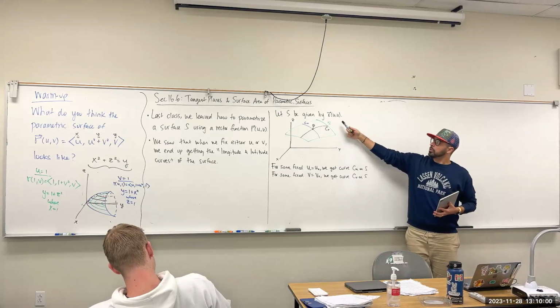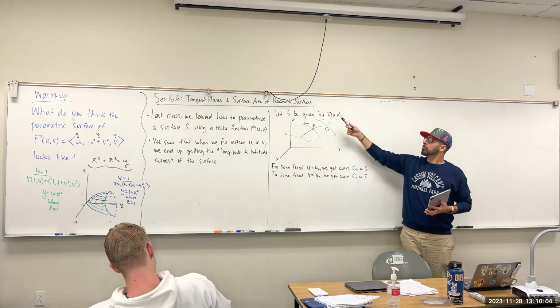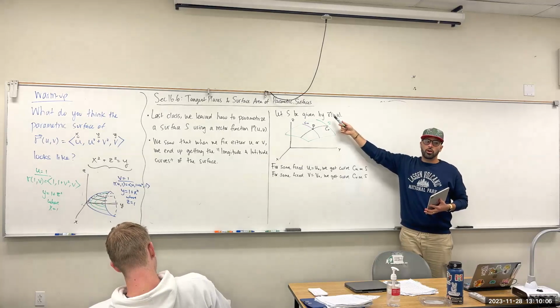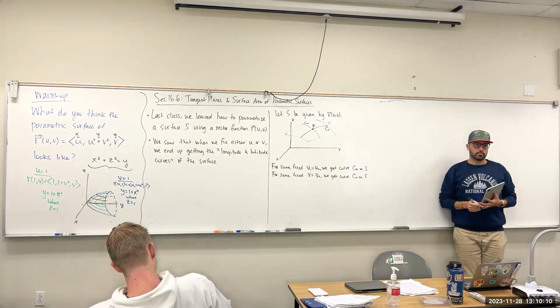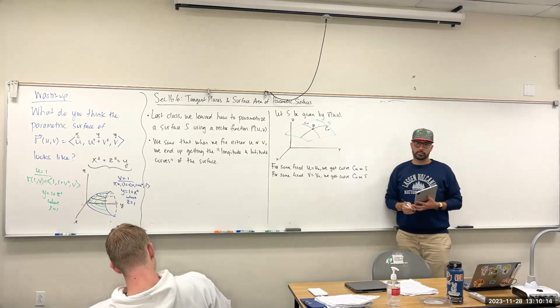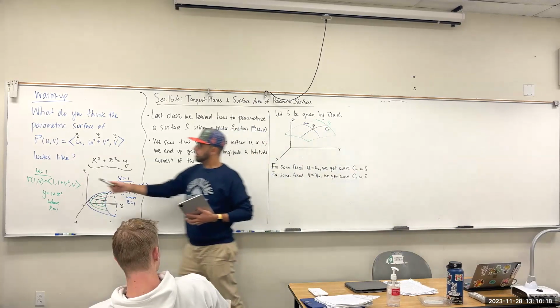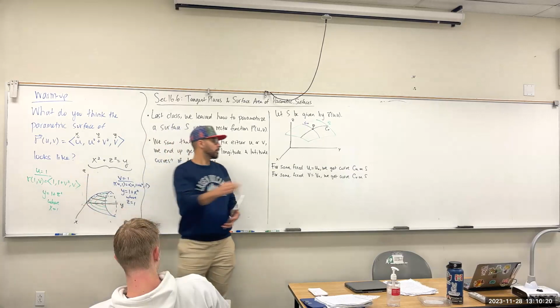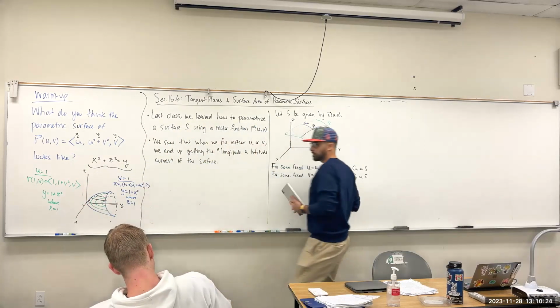What values of u, which u do I plug in and which v do I plug in to r to give me this point? What do you guys think? So pretend that u equals 1, that's like this guy, and pretend v equals 1, that's like this one.